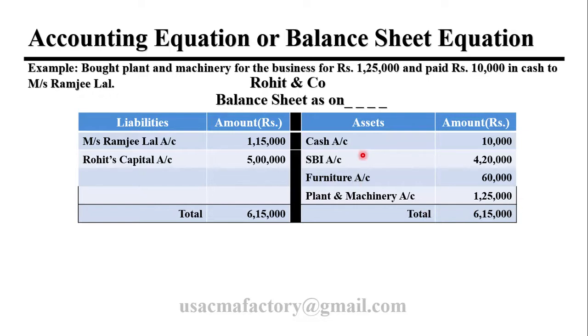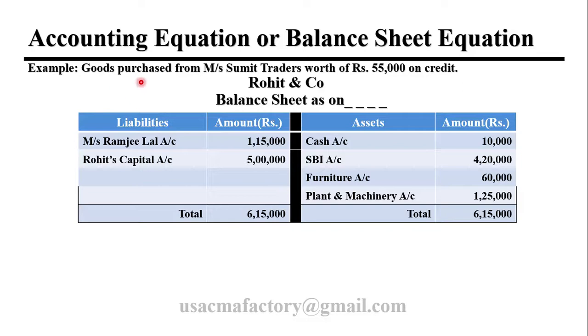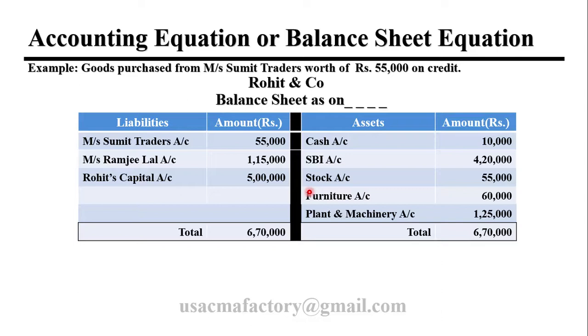Let's go to the next transaction. Goods purchased from Messrs. Sumit Traders worth 55,000 on credit. See, goods purchased means a new asset will come here, which can be called stock. But no cash is being paid to Sumit Traders, so Sumit Traders will become a new liability here. So stock 55,000 on the asset side.